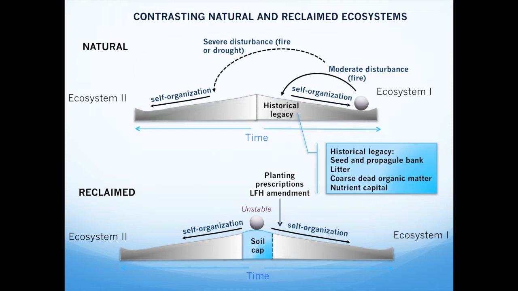Now the big difference in natural systems is, of course, we have a historical legacy. That historical legacy is very important. It constitutes the seed and propagule bank, the amount of litter, coarse dead organic matter, and nutrient capital that accrues on the site and has accrued over a long period of time. That historical legacy cannot be ignored in natural systems.